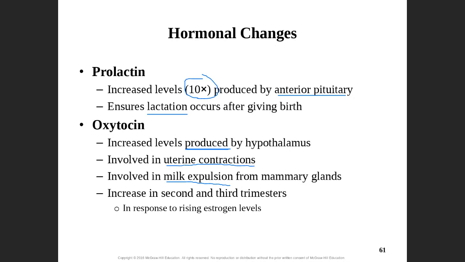We'll get into that when we get into some of the positive feedback mechanisms during labor. We'll see quite a bit of oxytocin being released from the hypothalamus of the mom, but we'll also see some of that being released from the fetus. Then once childbirth has occurred, oxytocin plays a role in milk expulsion. We'll see a nice increase in that in the second and third trimesters, and we'll see that as a result of the rising estrogen levels.